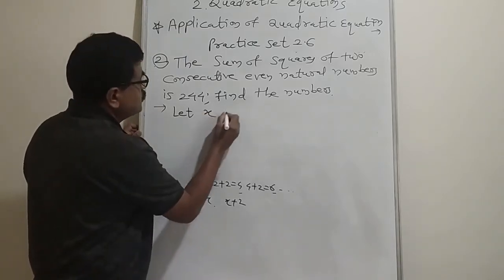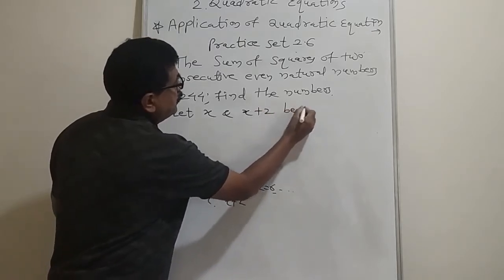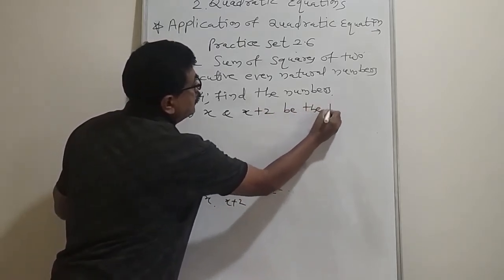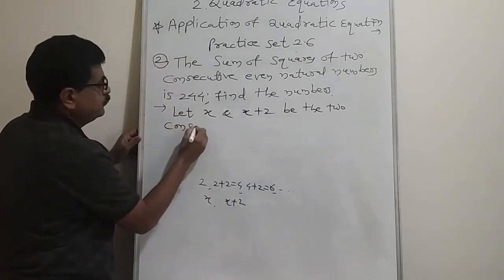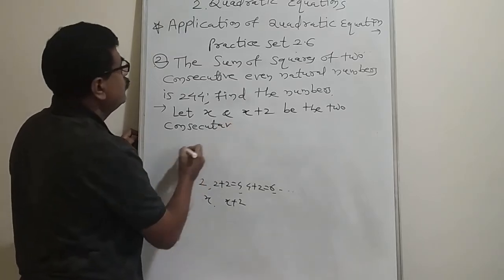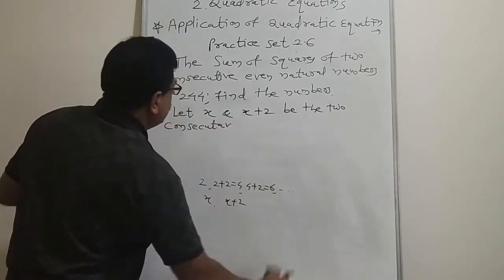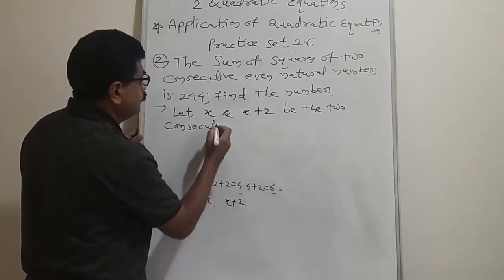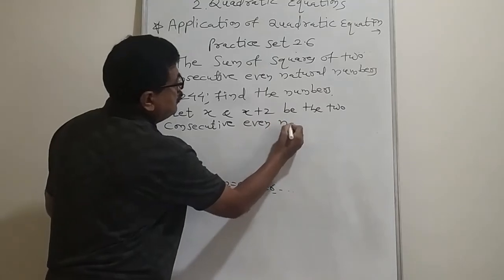Let x and x plus 2 be the two consecutive even natural numbers.